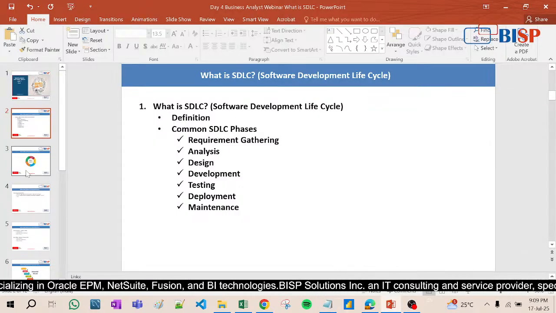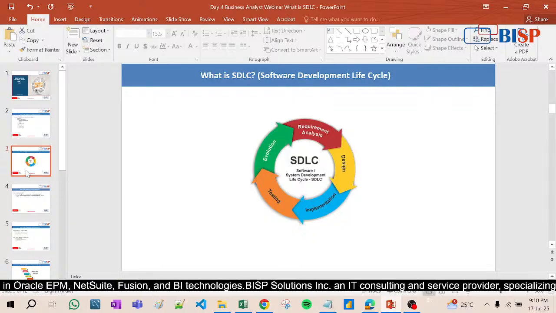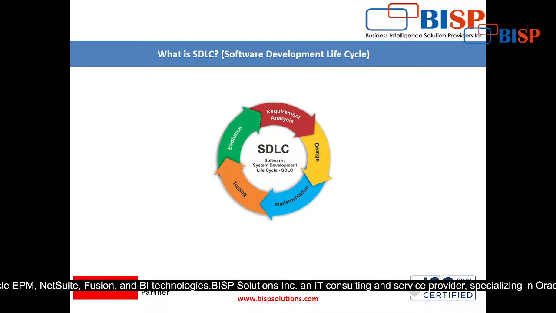Okay, so let's see the image first. Let me zoom in. Here, look at this. This is the complete SDLC. First of all, requirement analysis. After that, design. You can see the design part, then the implementation, then the testing, and then the evolution again.